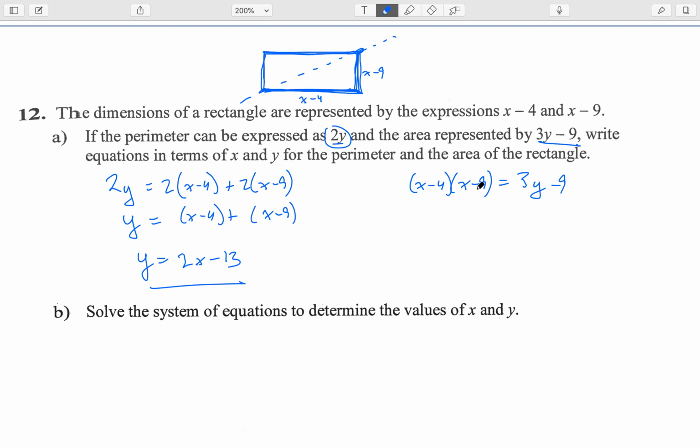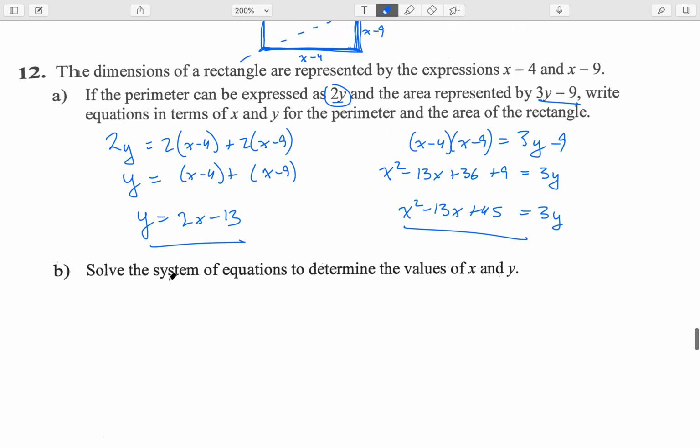This one's going to be a little bit of a parabola. So x squared minus 13x plus 36 plus 9 is equal to 3y. I'm going to put the 9 over there just because I know that these two can go together. So in other words, what do we get? x squared minus 13x plus 45 is equal to 3y.